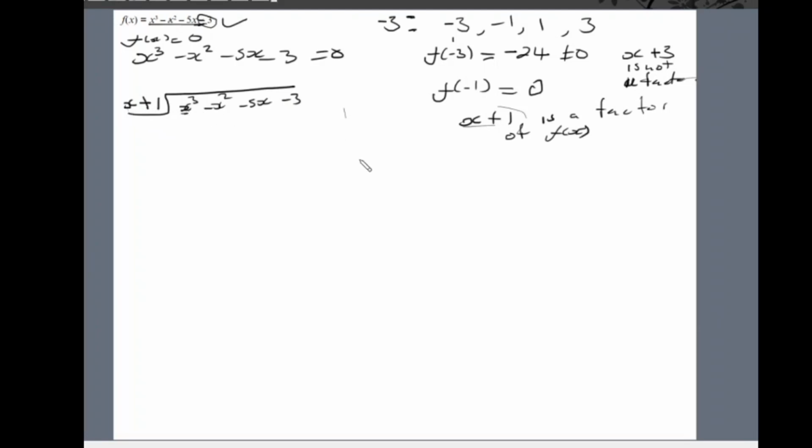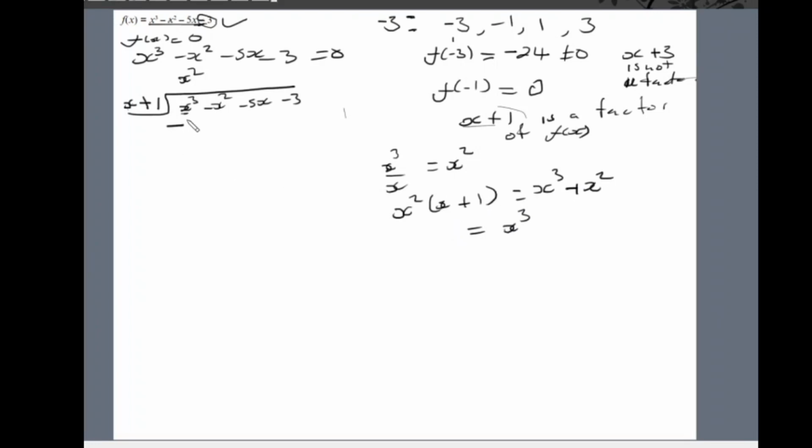So x cubed divided by x will give me x squared. So I'll put x squared there, and then after getting x squared, I'll take that x squared and multiply by x plus 1. So I'll have x cubed plus x squared, right?